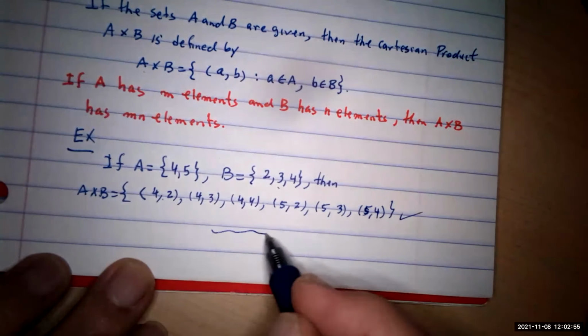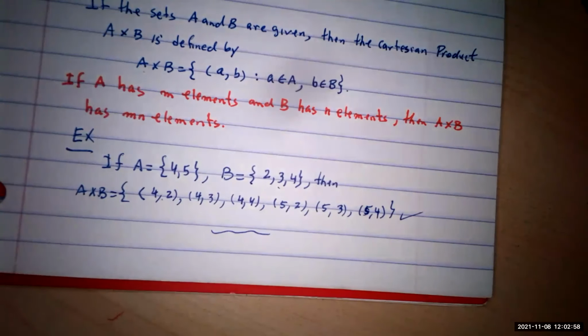So that's how we write the Cartesian product to get these numbers. Okay, any question?